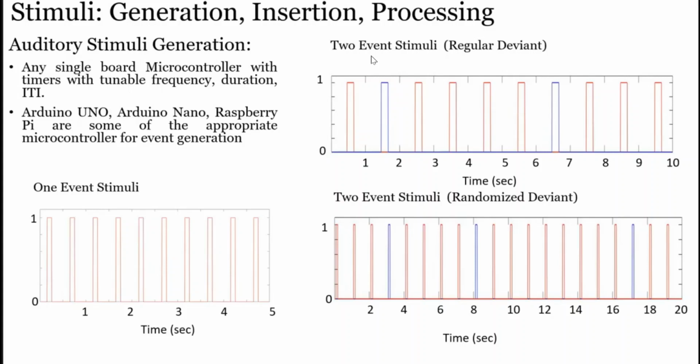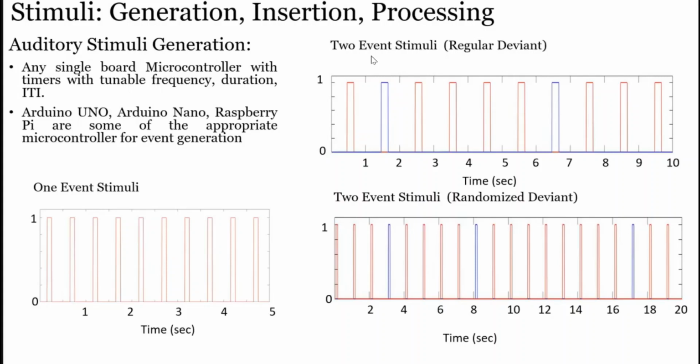Mostly this kind of stimulus is used for audiometry purposes, where you just have to check whether a person is able to listen properly or not. In other words, for hearing screening, the one event stimulus is used. In terms of cognitive neuroscience, it is called auditory evoked potential.